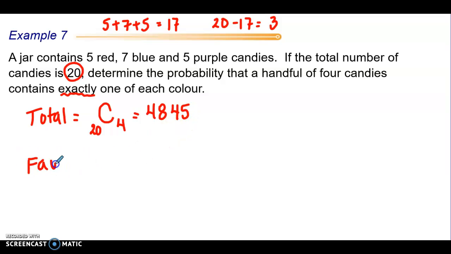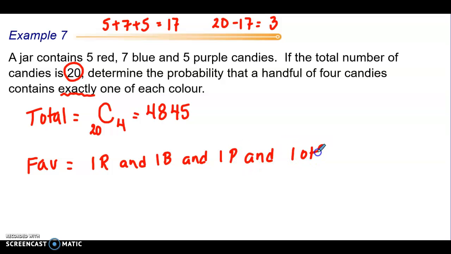Looking at our favorable outcomes, we want exactly one of each color. So we are looking for 1 red and 1 blue and 1 purple and 1 other.